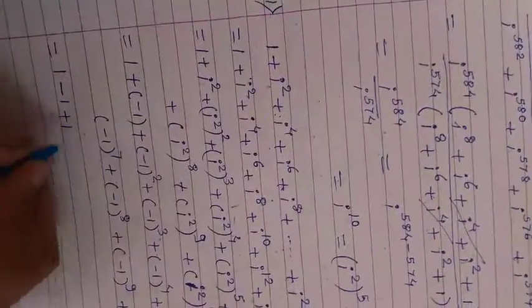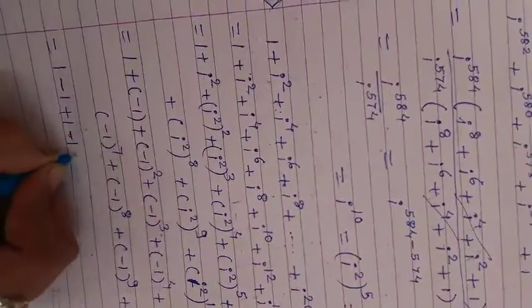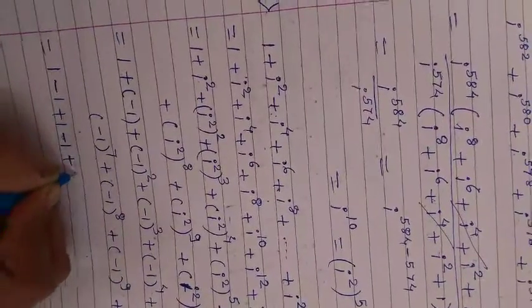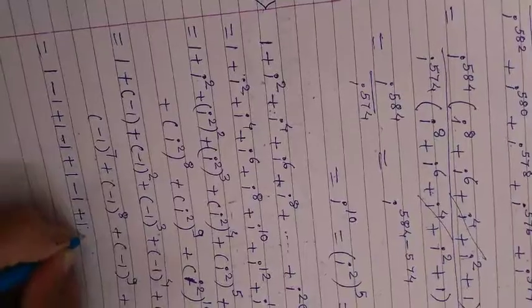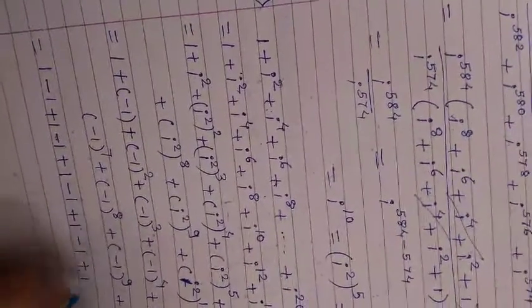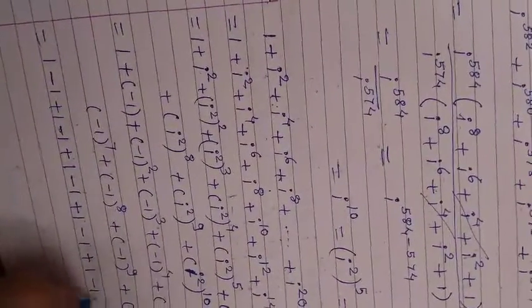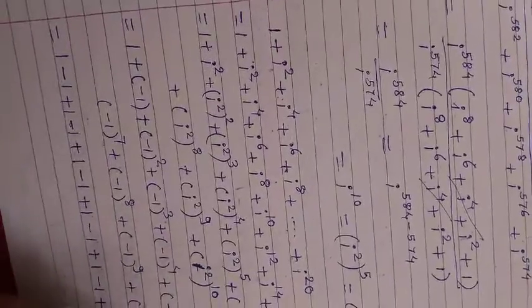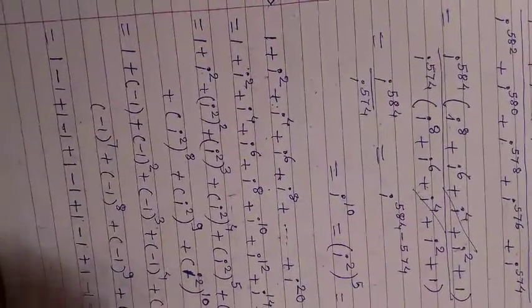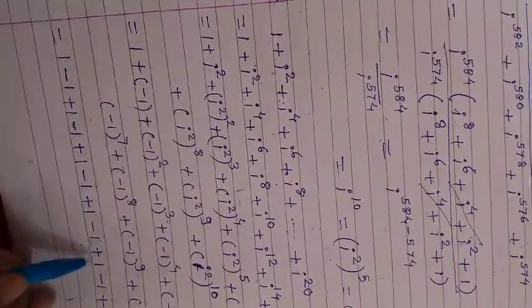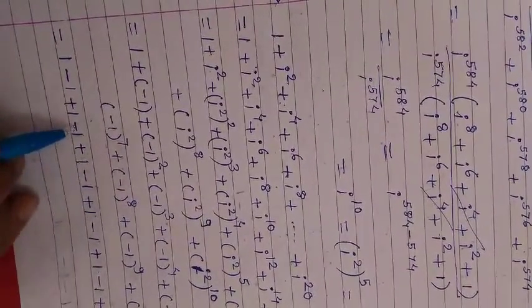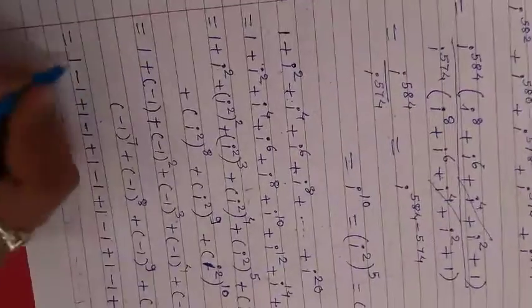This is plus 1 minus plus minus plus minus plus minus plus. So this is minus plus. Now minus, then plus 1, then minus 1, then plus 1, then minus 1, then plus 1, then minus 1, then plus 1. 1 2 3 4 5 6 7 8 9 10, and this 1 is already here.